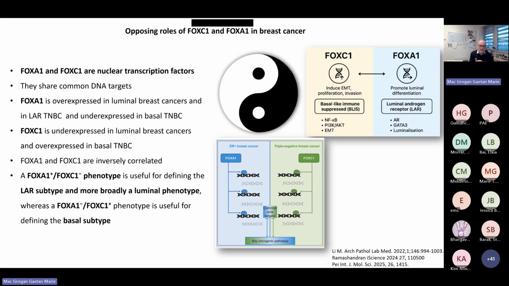So these two factors are inversely correlated. A FOXA1 positive, FOXC1 negative phenotype is useful for defining the LAR subtype and more broadly the luminal phenotype, whereas a FOXA1 negative, FOXC1 positive phenotype is useful for defining the basal subtype.